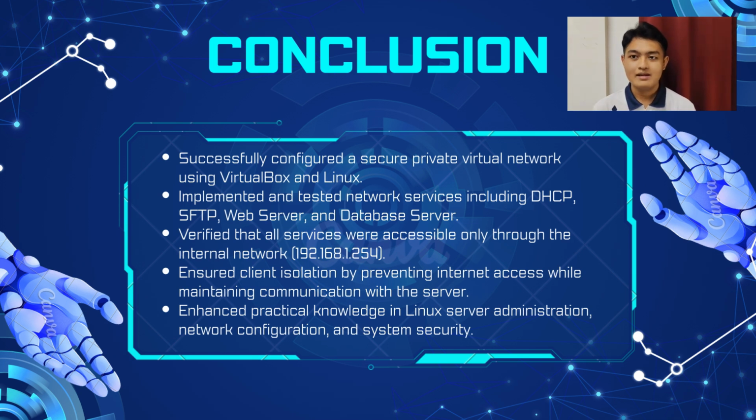We also verified that all services were accessible only through the internal network using the IP address 192.168.1.254, while the client remained isolated from the internet. This project has helped us gain more practical experience in Linux server administration, network configuration, service deployment, and system security. Overall, the project successfully achieved its objective of creating a secure and isolated network environment for everyone.